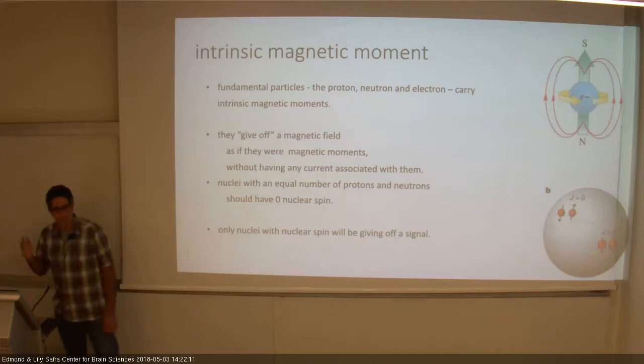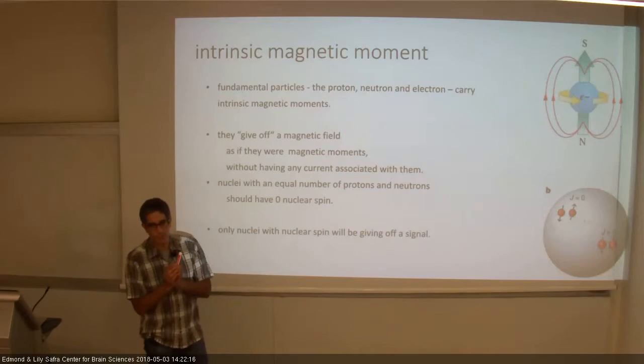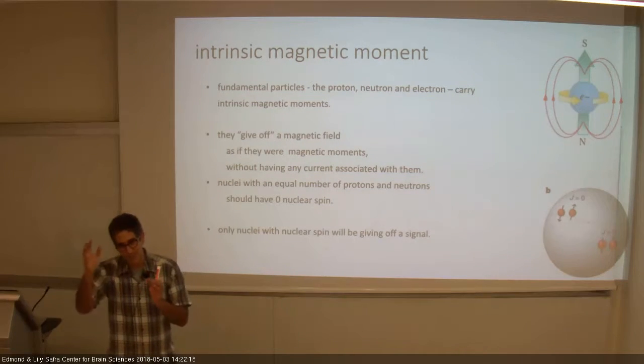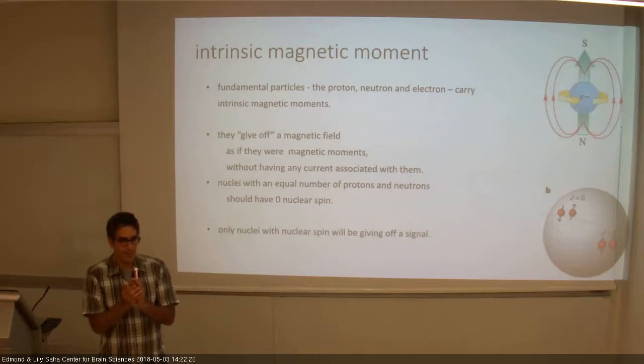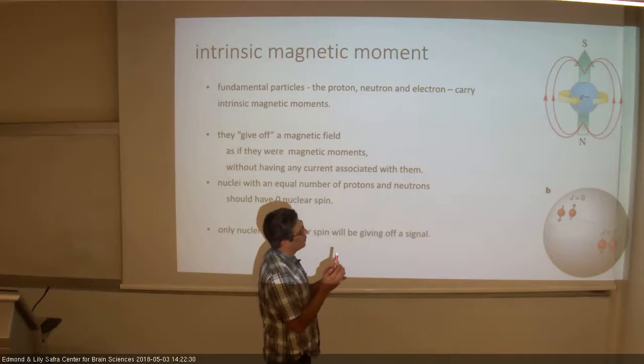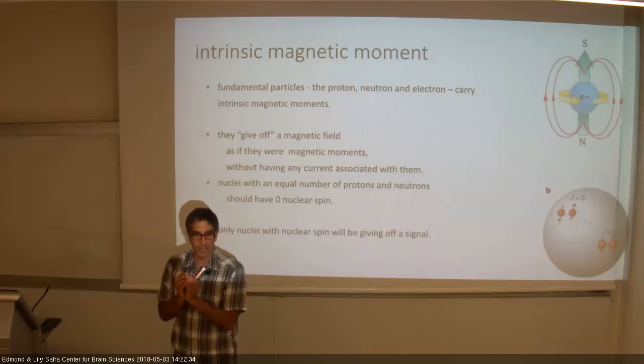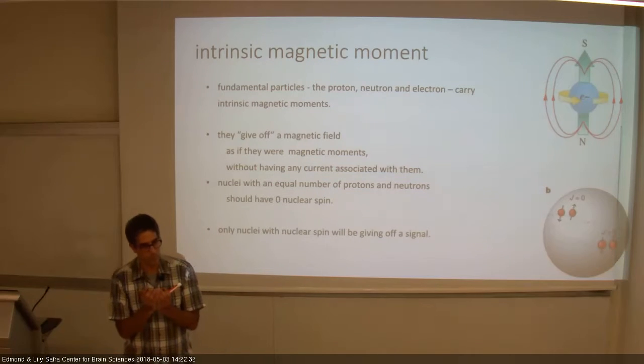We have these protons inside the atom. Do you remember it from chemistry? There is an atom, it has electrons, and then there is the nucleus, right? It's nuclear magnetic resonance. So inside the nucleus, there are protons and neutrons, right? And in general, both of them have spins. So what we need is a nucleus which doesn't have an even number of protons and neutrons.